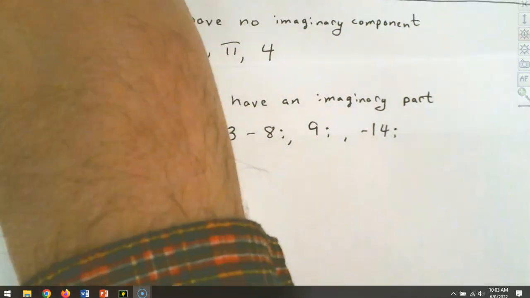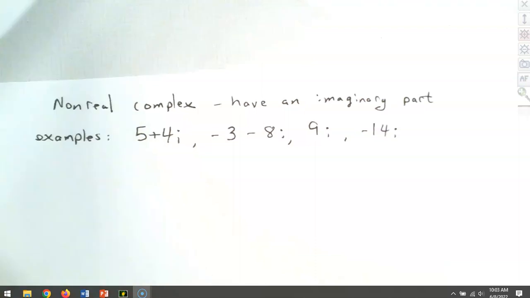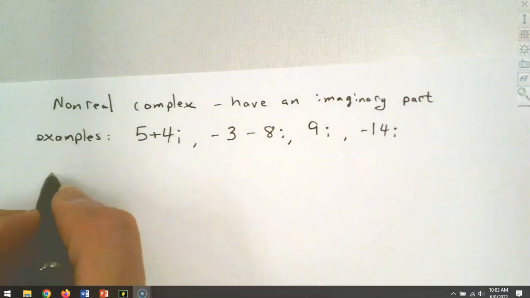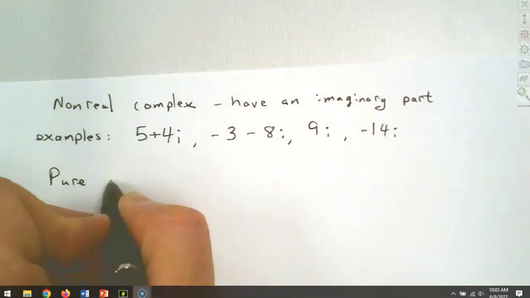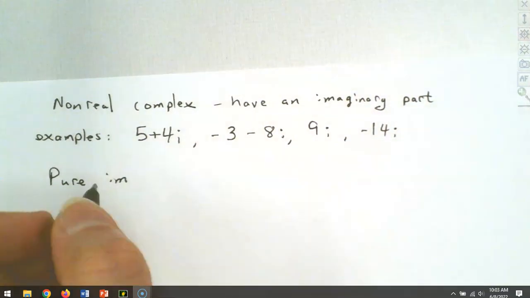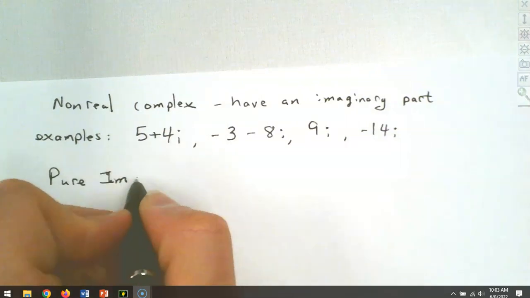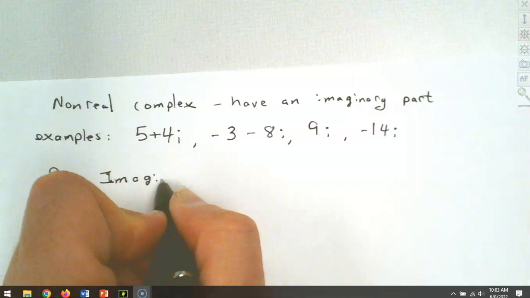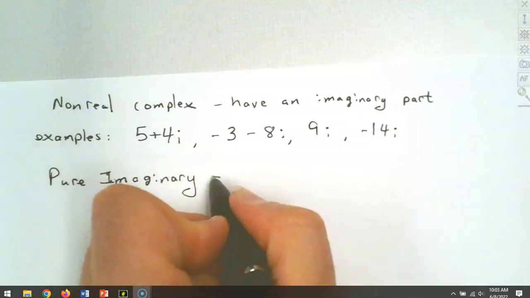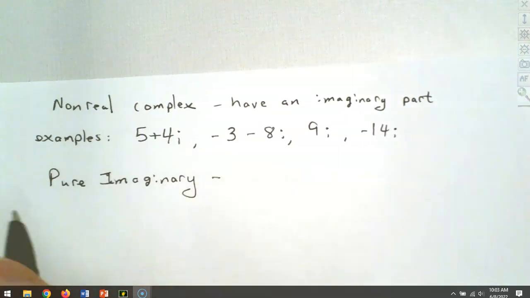We've got one more classification to look at, and then I'm going to draw you a tree diagram so you can see how we classify numbers. The last one is going to be pure imaginary. When we talk about pure imaginary numbers, these numbers only have an imaginary part.